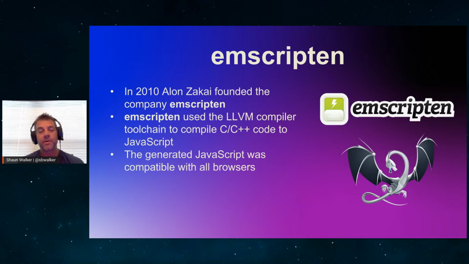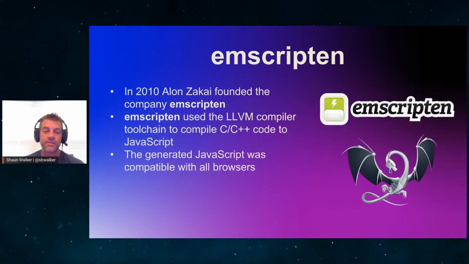So, talking a bit more about WebAssembly. If we go way back to 2010, so we're talking 11 years ago, there's a company called Emscripten, which was founded by Alon Zakai. Emscripten has been an innovator for a long time. They came up with a solution where they were using the LLVM compiler to compile C and C++ code to JavaScript.